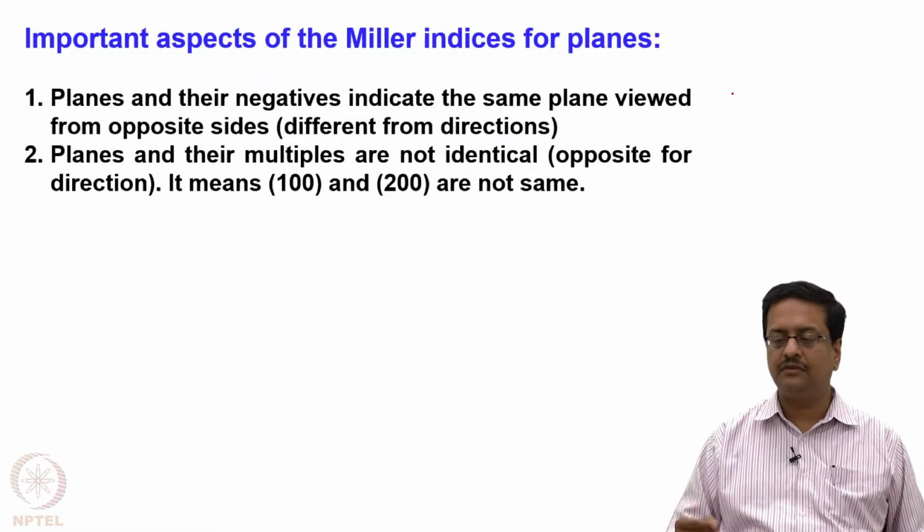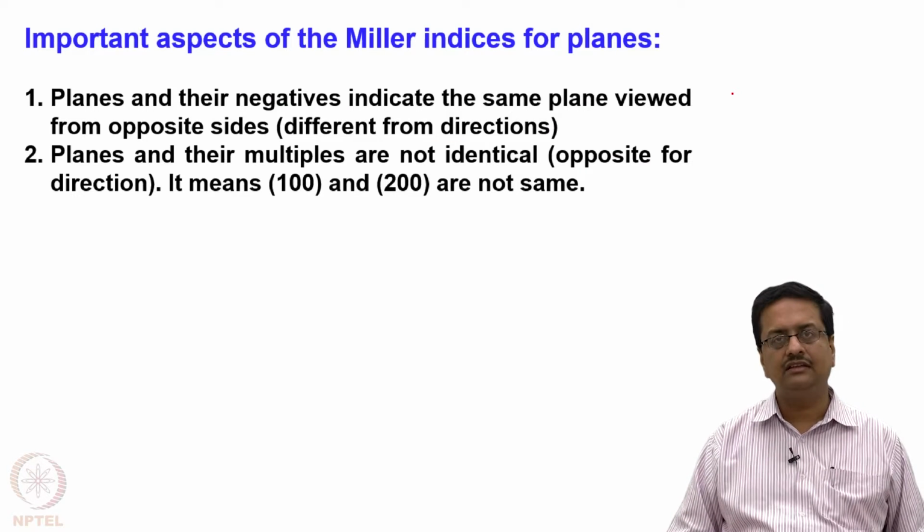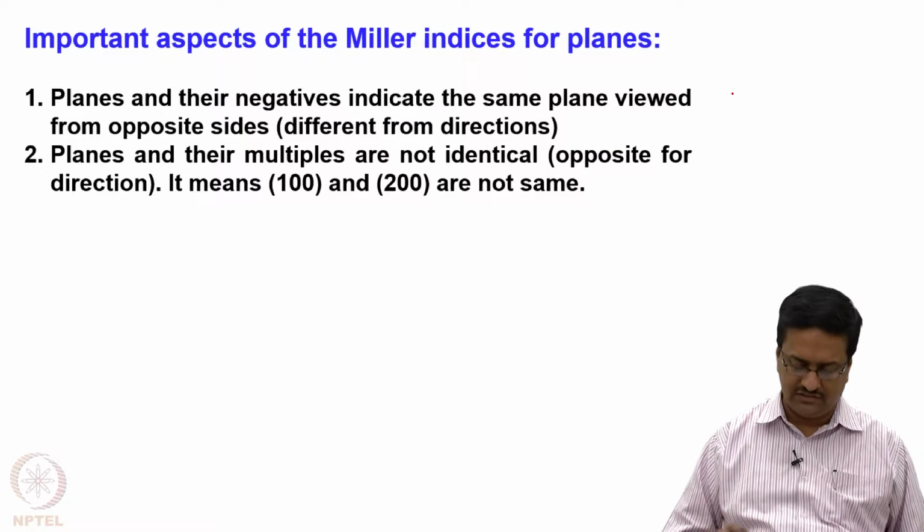Planes and their multiples are not identical. Again, this is opposite from that of directions, which means the planes 1 0 0 and 2 0 0 are not the same, but in case of direction, the directions 1 0 0 and 2 0 0 indicate the same direction.